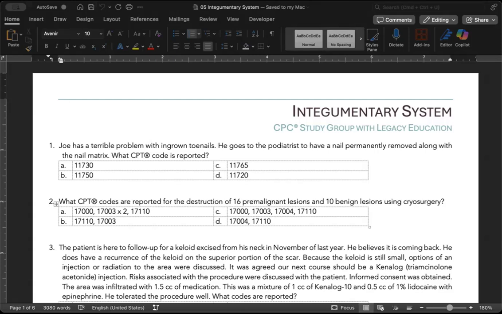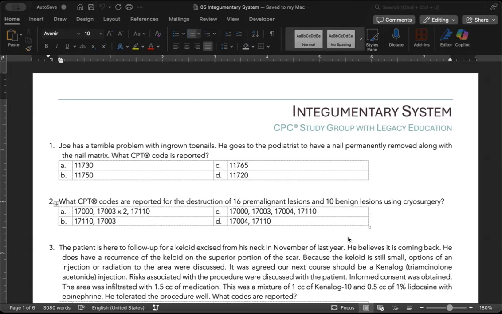So we'll do removal, and then we are removing. What are we removing? What's the body part that we're removing? We are removing a nail. Yep. So then that sends us to 11730 through 11732 and then 11750.